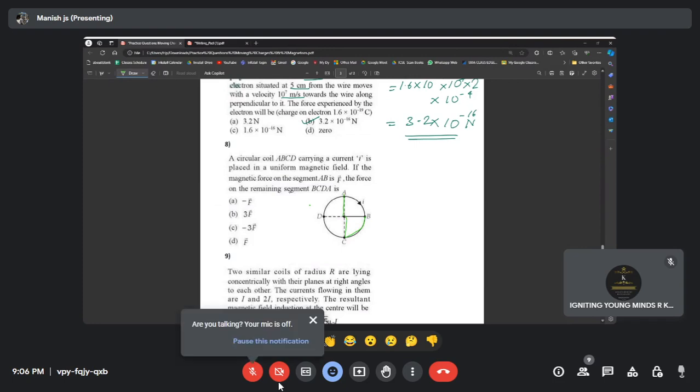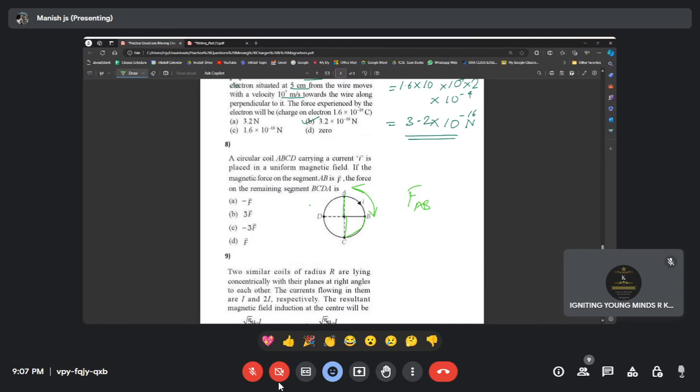So what will be the corresponding force? Now, force due to AB, this portion, there is a current that it is going to carry and it is placed in a uniform magnetic field. That is what they tell you.